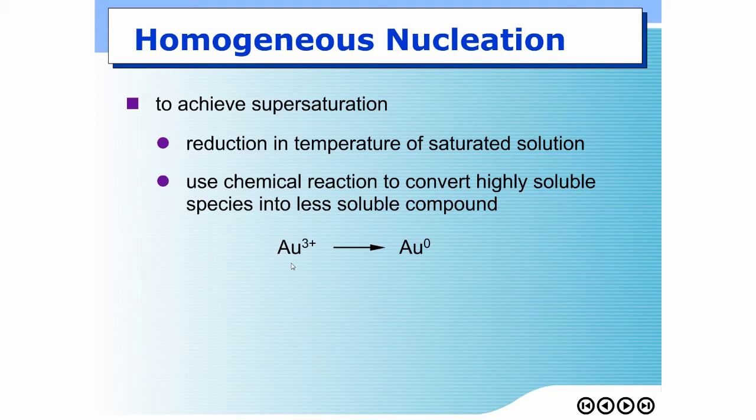The concentration can be very high, at least in the unit of molar, maybe millimolar. But as soon as you reduce gold 3+ into gold 0, which is solid gold, the solubility of solid gold in water is really low. Okay, so these are examples of this concept.